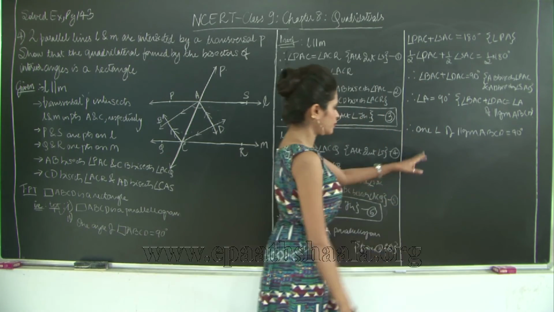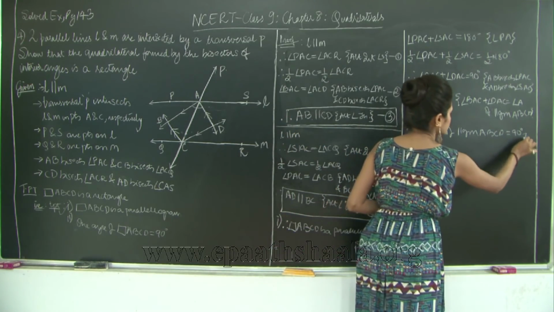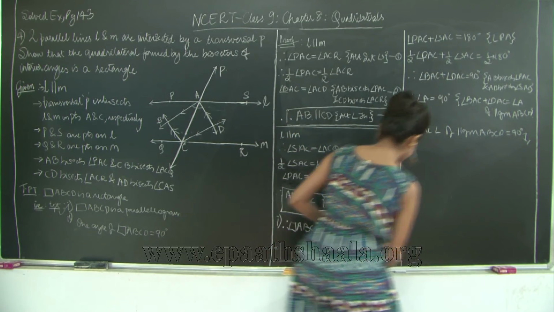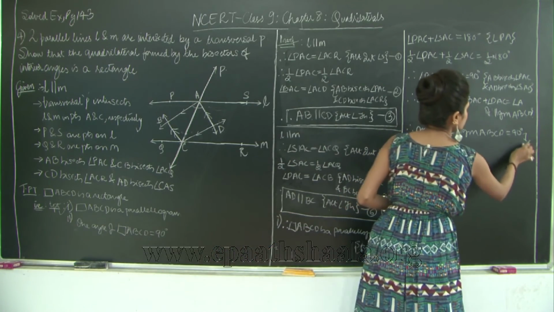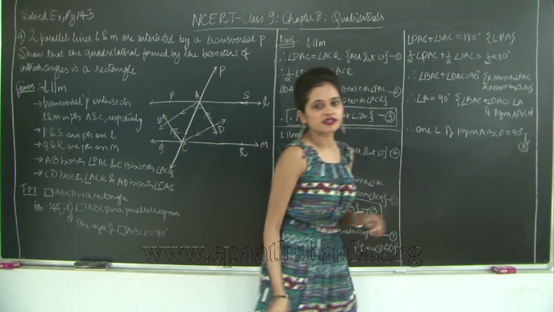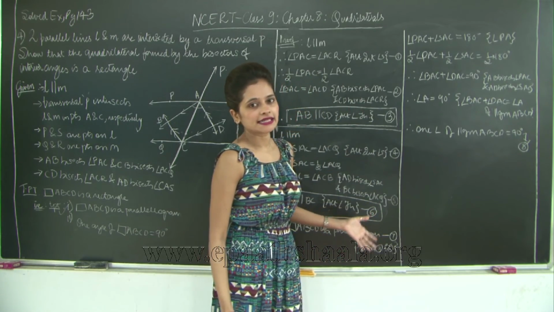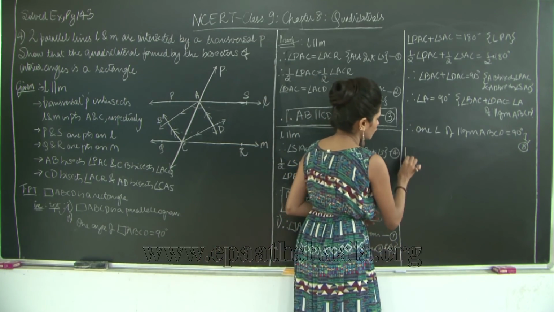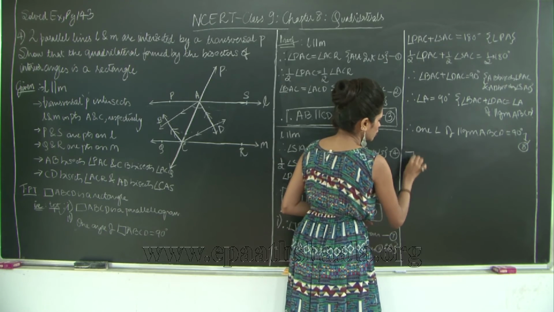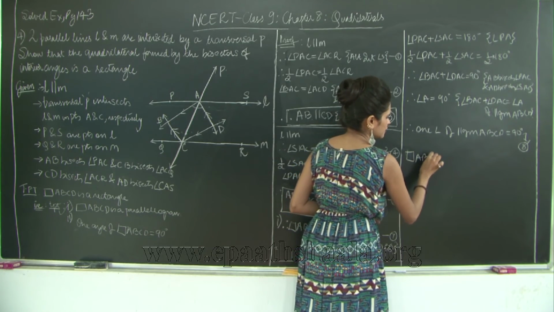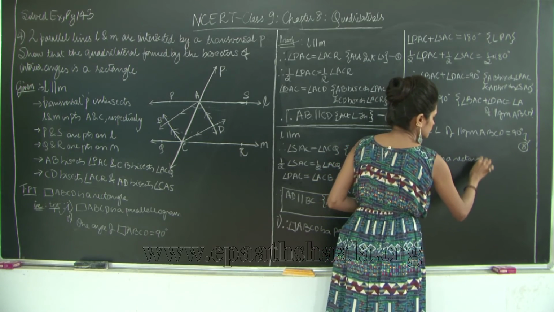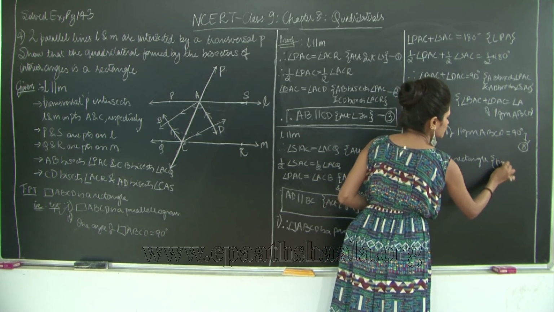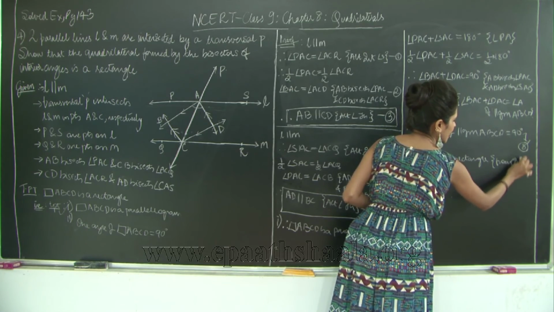Correct? Therefore, let's mark this equation as 7 and this one as 8. What do we get from 7 and 8? That quadrilateral ABCD is a rectangle. From 7 and 8.